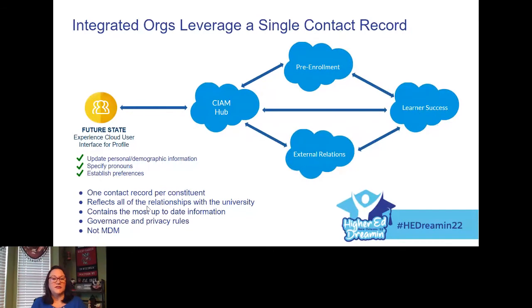So any of our constituents that have accounts, quote unquote, with UW-Madison can update their personal and demographic information. They can specify their pronouns. They'll be able to also establish their preferences with that. So all of these records would be in the CIAM hub. These are all of the contact records. And then those sync up with our orgs.